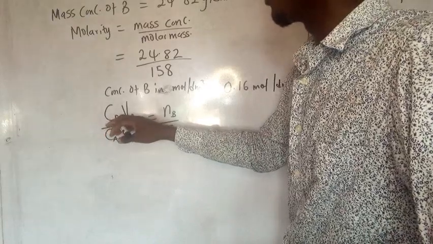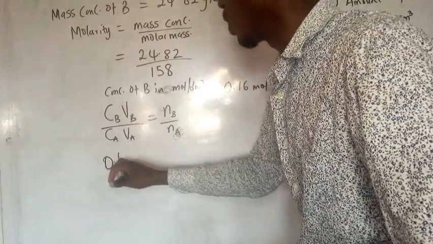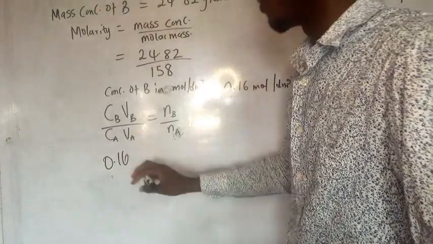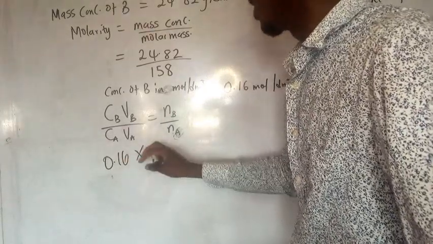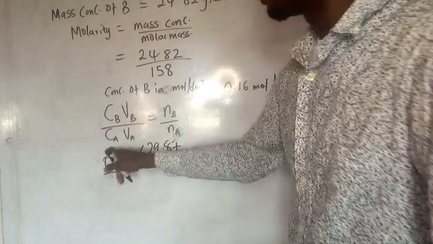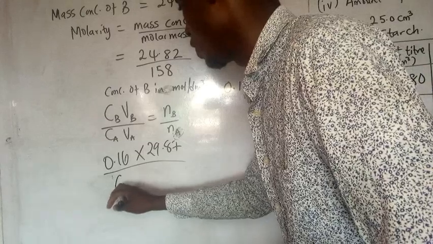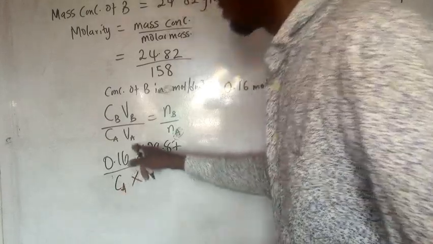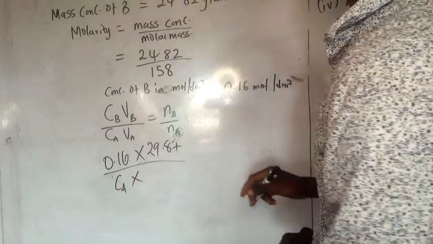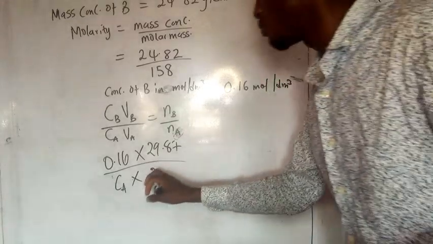And we've gotten our concentration of B to be 0.16, so we'll put that here, 0.16. And don't forget VB is our average volume of titer, so we have 29.87 all over CA, which is the concentration of A that we are looking for. Then multiply by VA. VA is the volume of the pipette used, which is 25.